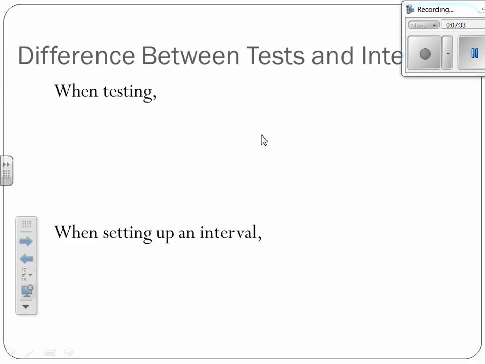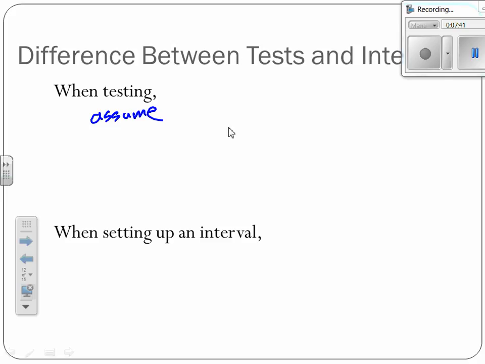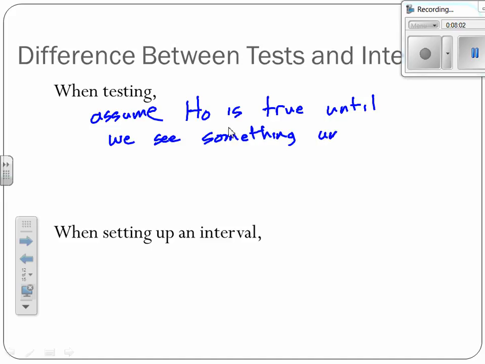All right, so when we test, what we do is we assume, as we do this, that H0 is true until we see something unlikely.